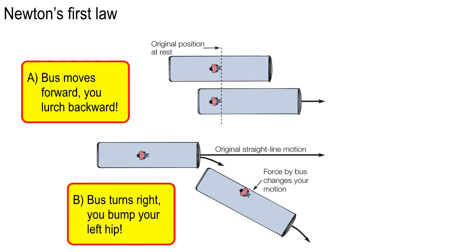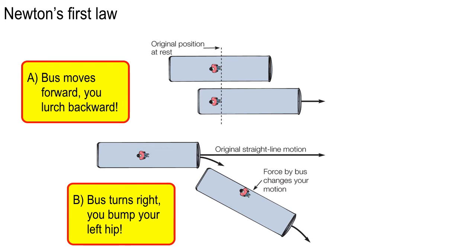So that's an example of you, because you're not nailed down, you're not screwed and bolted down to the bus. All the seats are. Can you imagine a bus, especially one of our shuttle buses, where the seats were not bolted down? Oh my goodness. Talk about mayhem.